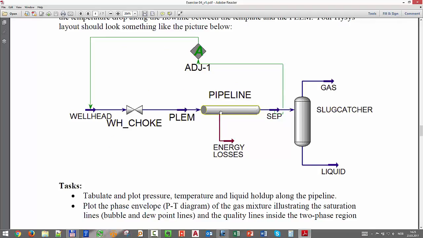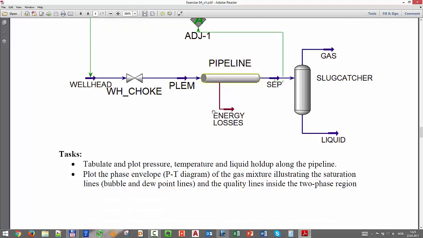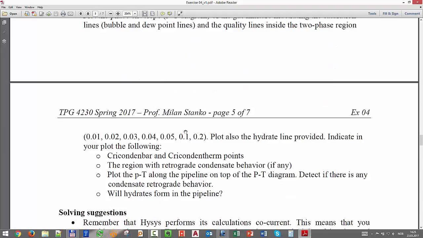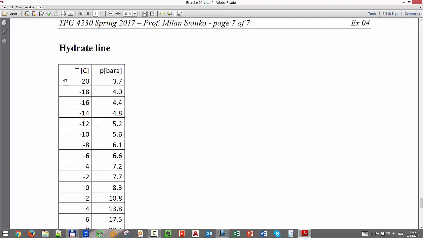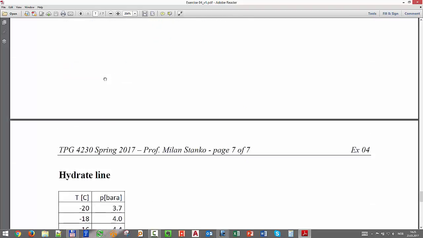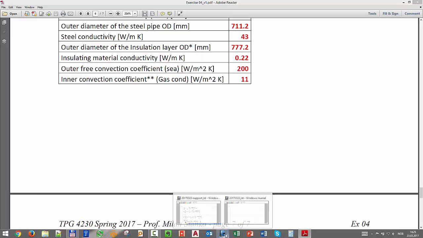And then you perform your pressure and temperature calculations. You don't have to do it by hand, okay? You just use HYSYS to do it. And you find out how the pressure and temperature profile is, and if you go inside the hydrate region, and the hydrate region is the line that is given here, okay? Temperature and pressure. So you have to make exactly like what I have painted in class. You have to make first the phase envelope, okay?